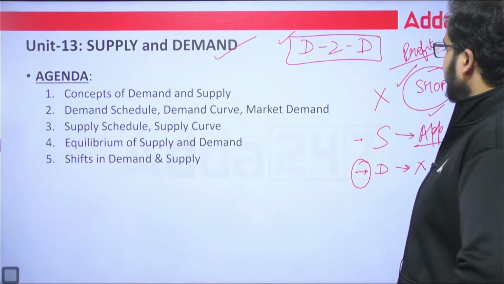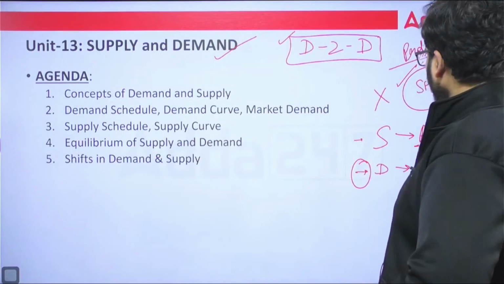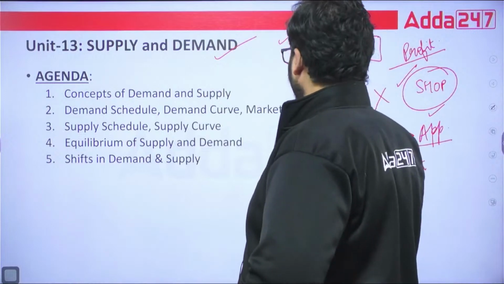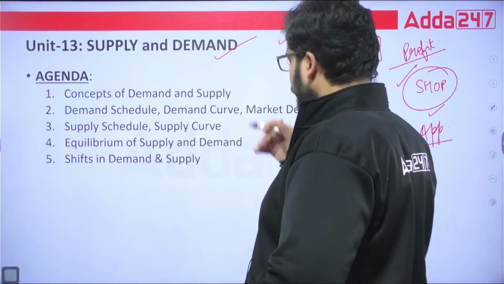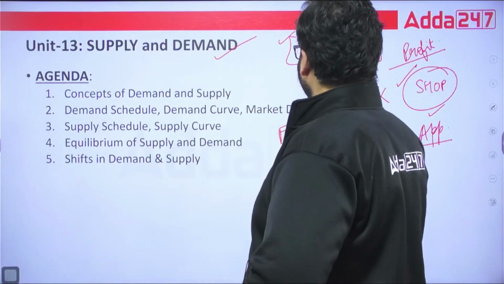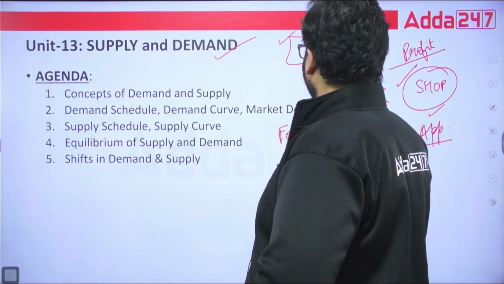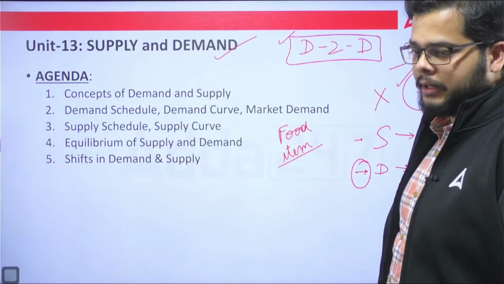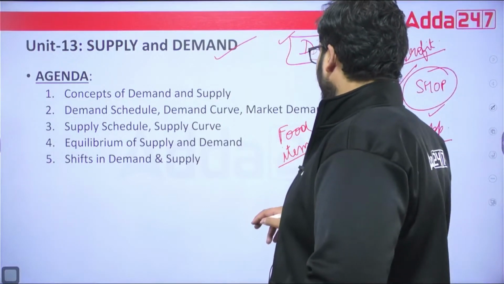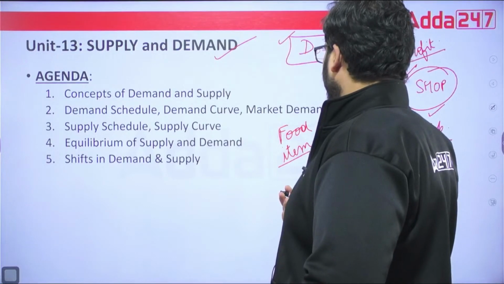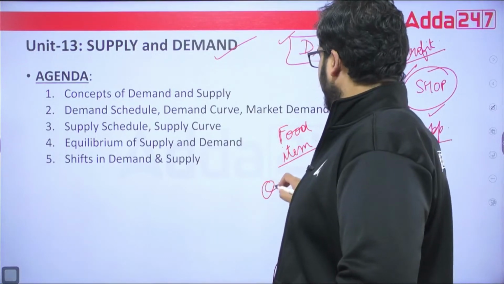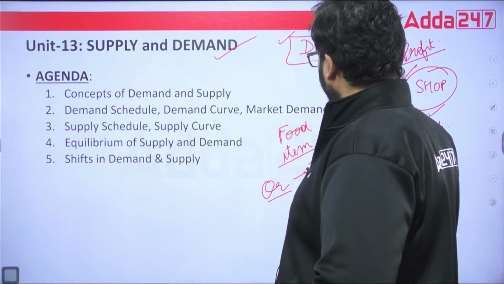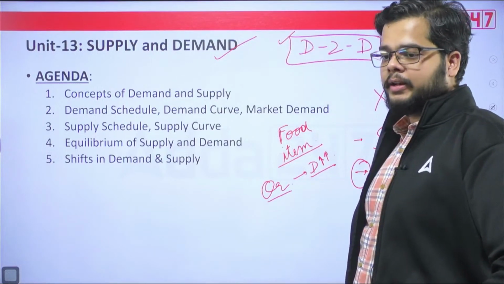Another example: suppose there is a food item which is being demanded by consumers, let's suppose oranges. Oranges have good demand because of the weather, that is winter.